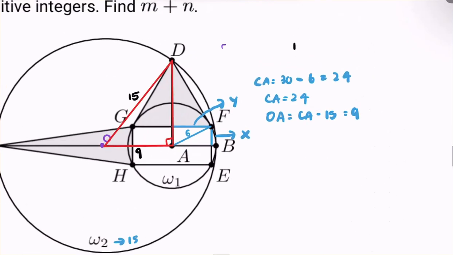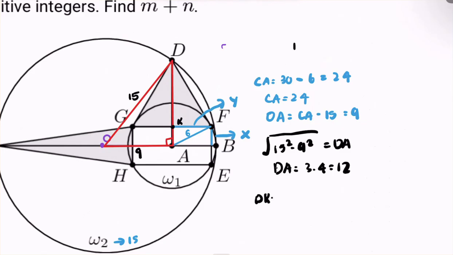So the square root of 15 squared minus 9 squared will be equal to DA. We can also recognize that this is a 3, 4, 5 triangle multiplied by a scale of 3. So the length DA will be 3 times 4, which is 12. And therefore, if we let this intersection over here be called K, then DK is equal to 12 minus X.